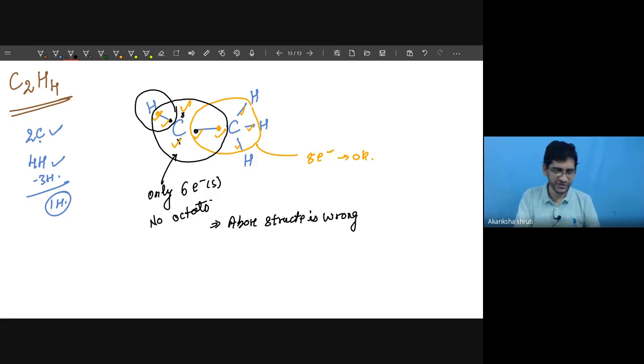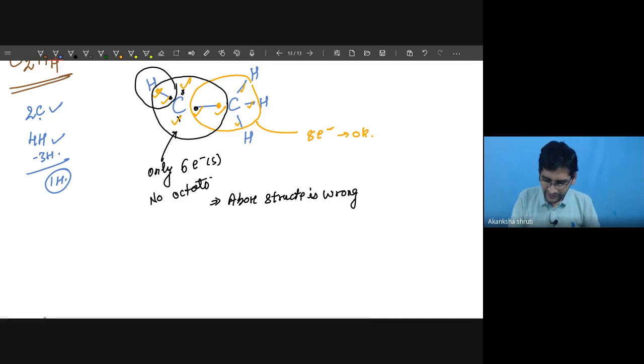Let us search. Student, by the way, if you are thinking this way, say the 2 carbons are there. First, let me take a single bond. Now 4 hydrogens are there. Let me give 2 hydrogens to each carbon, means 2 hydrogens to this one and 2 hydrogens to this one. Okay, student.